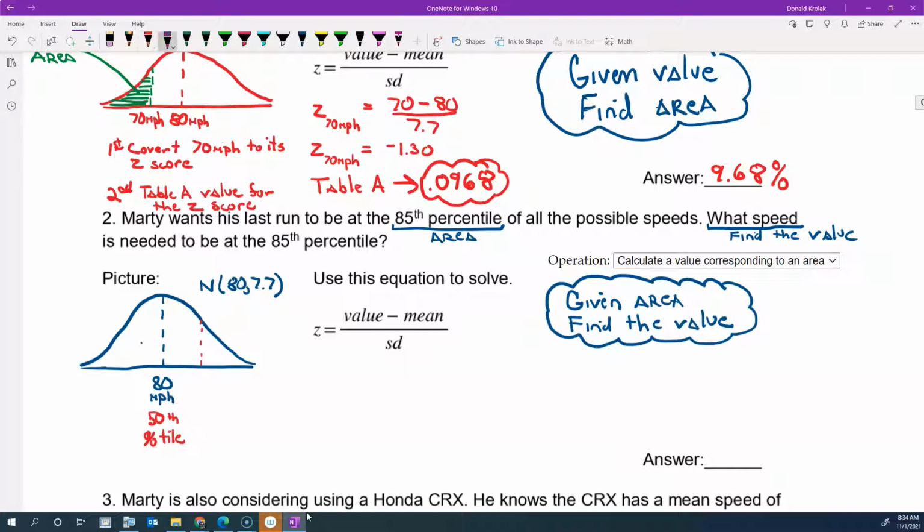What we want to figure out is how many miles per hour that is. And that area is 0.85. That's the 85th percentile, and we want to know what speed would be the 85th percentile.